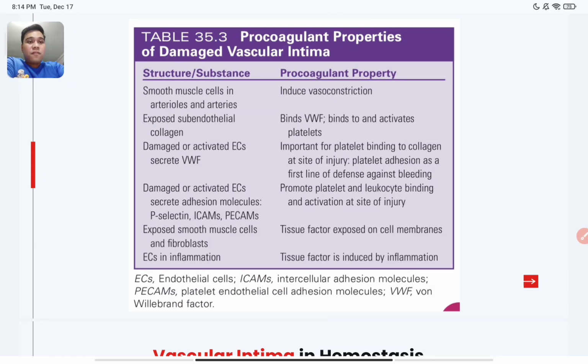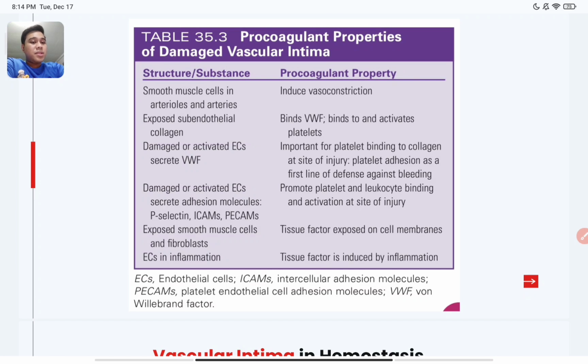So the exposure of the subendothelial collagen, so basically kapag there's exposure, it binds now von Willebrand factor and activates your platelets. So activated endothelial cells also secrete von Willebrand factor, which is important for platelet binding to collagen and platelet adhesion as a first line of defense against bleeding.